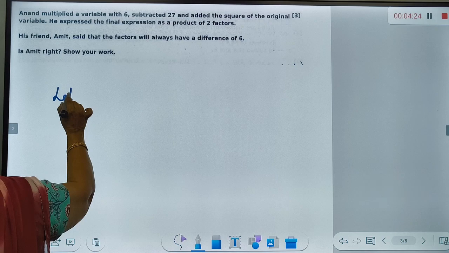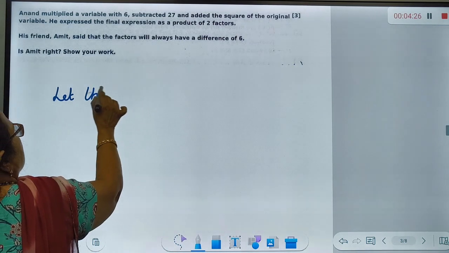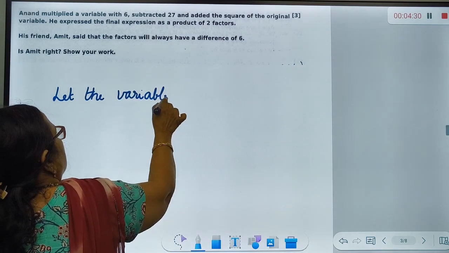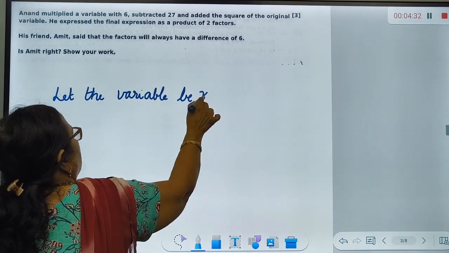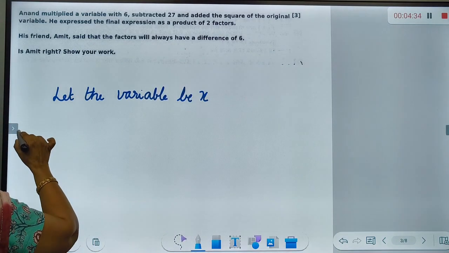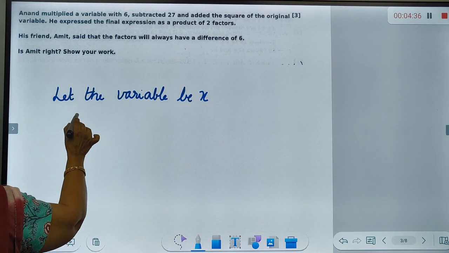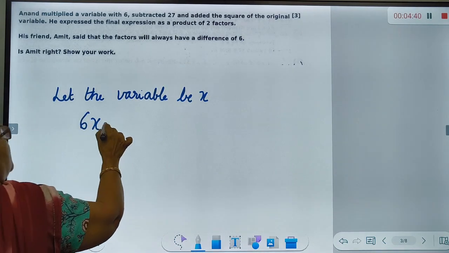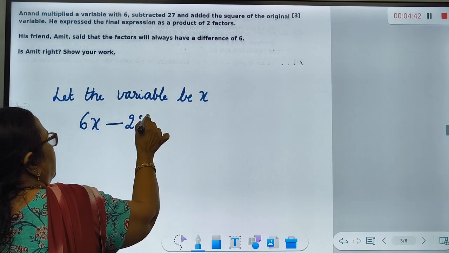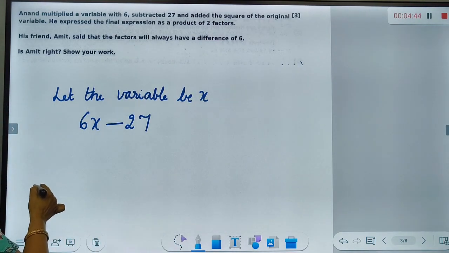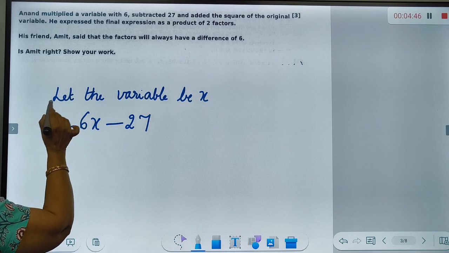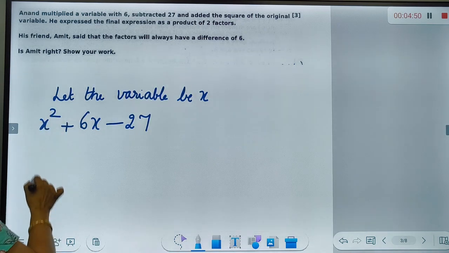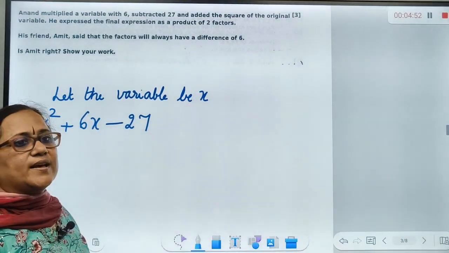So let us call the variable x. When I multiply it with 6, it becomes 6x. When I subtract 27, I have minus 27, and added with the square of the original variable, I am adding x square. So this is what I get as an expression.